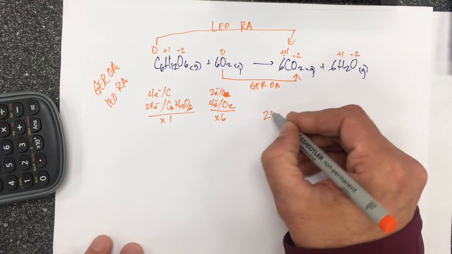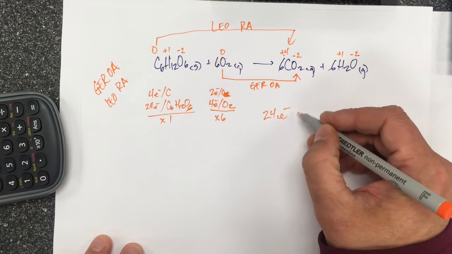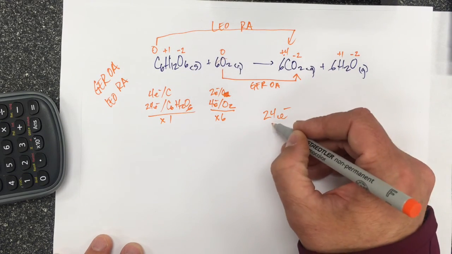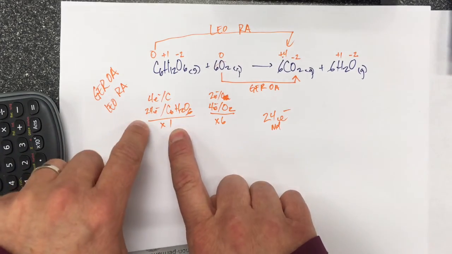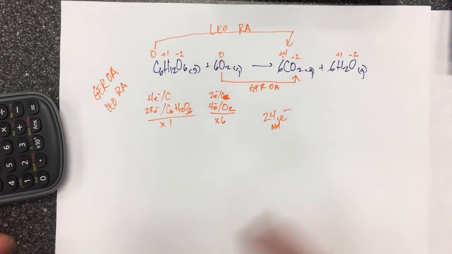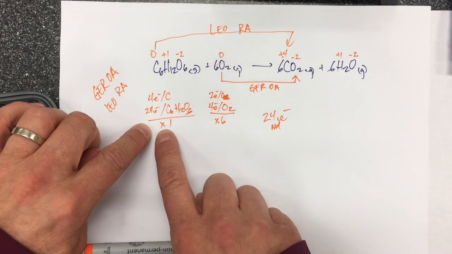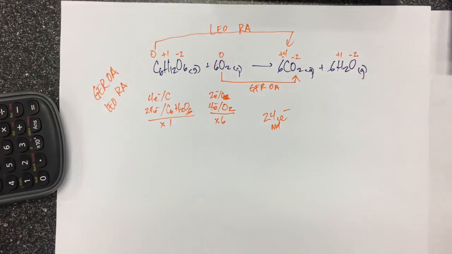So it is 24 moles of electrons per 1 mole of the combustion. So this is losing 24 electrons, and this is gaining 24 electrons.